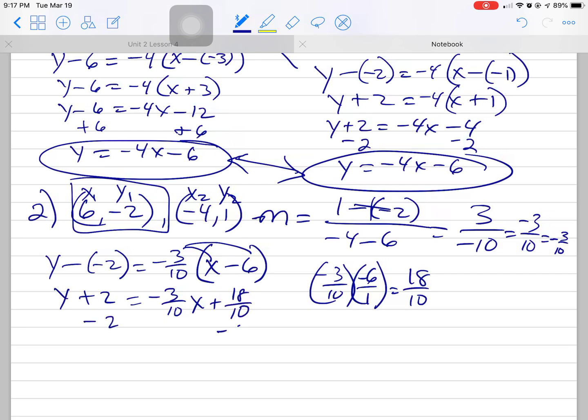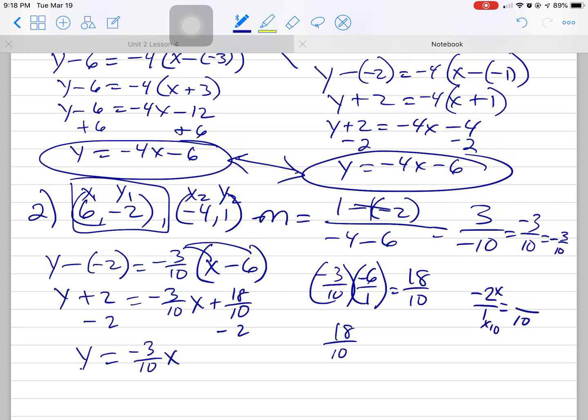All right, then minus 2, minus 2. y equals negative 3/10 x. So 18 over 10, you can clear the 10 out if you want by multiplying everything by 10, but you're going to end up throwing a number in front of that y, so you might as well, if it's not a big deal, try to learn how to add these things together. 18, so negative 2 is what as tens?